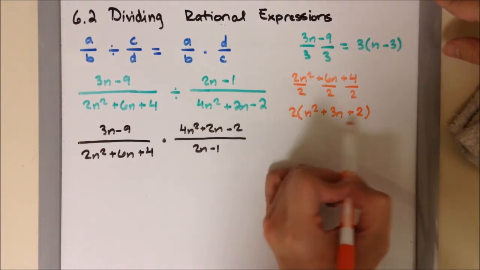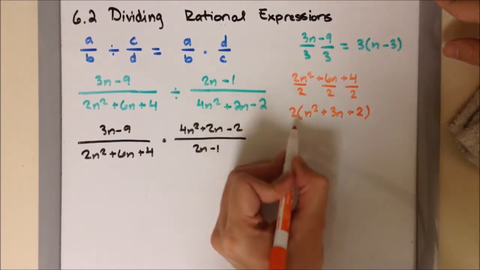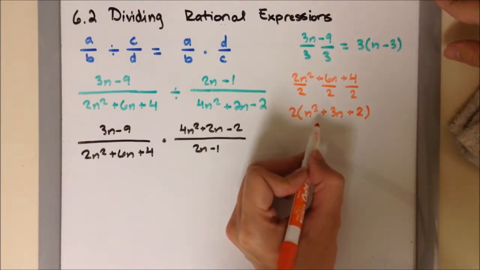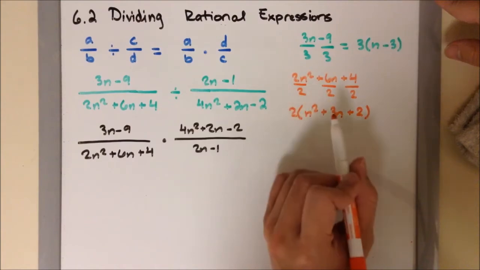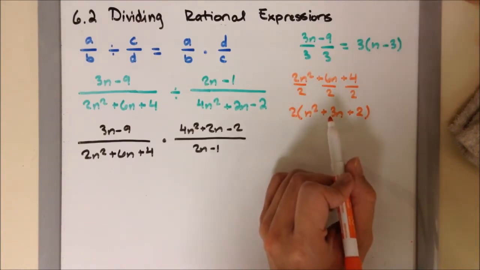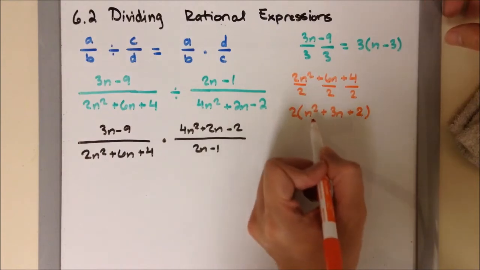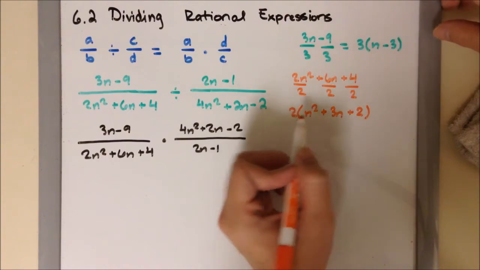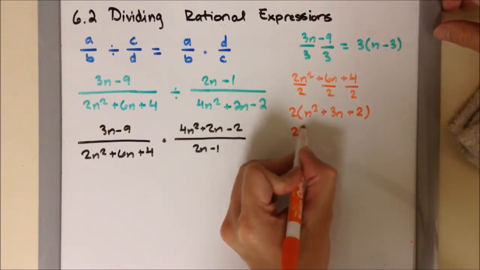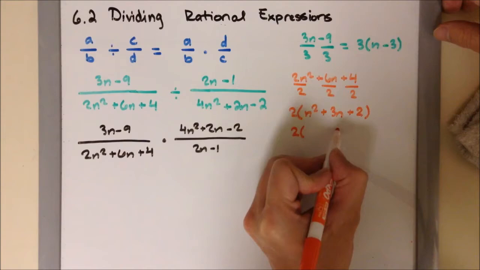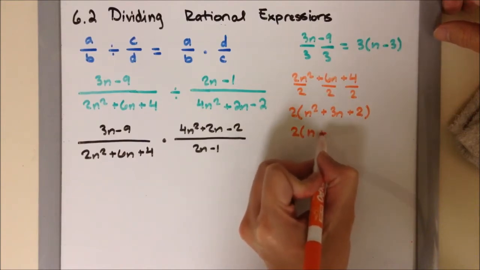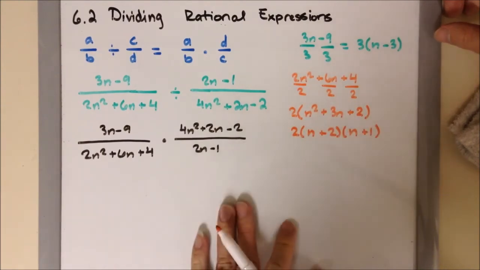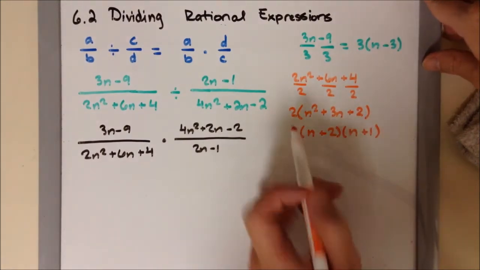From here, you can actually factor this. If you're confused about factoring, I recommend referring to 5.2, factoring trinomials. When you factor this trinomial, we have n plus 2 times n plus 1. So I finished factoring that.